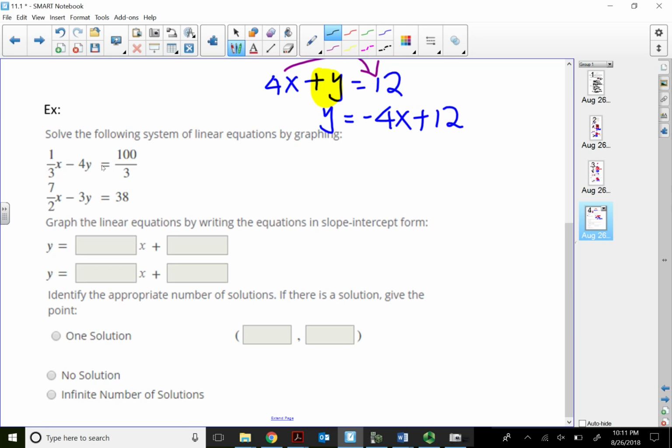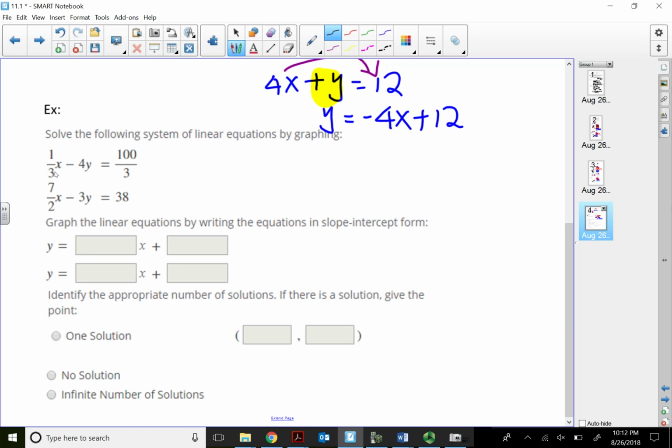Now that technique comes in handy, because I don't want to complicate this even more. If you know how the process works, you can still use a calculator to help you a little bit. But I want to show you this technique.